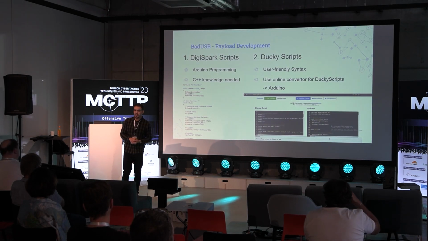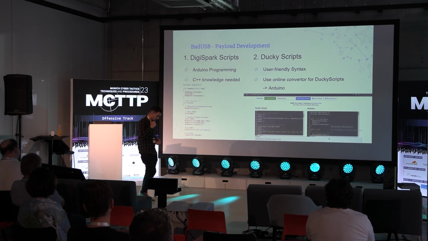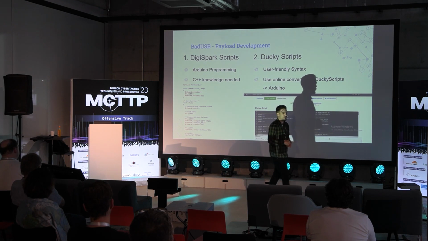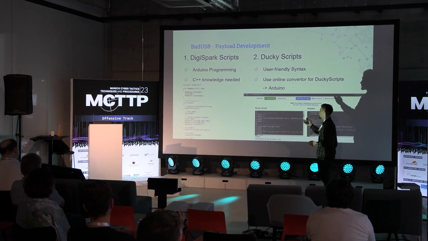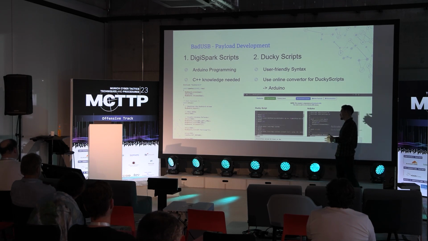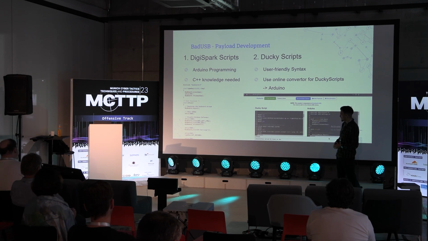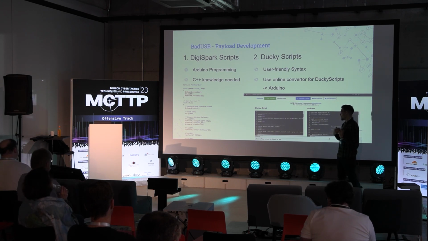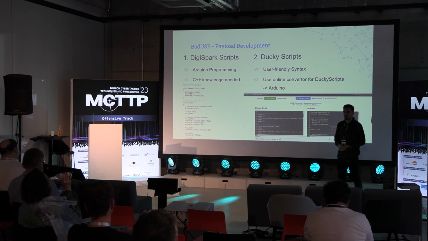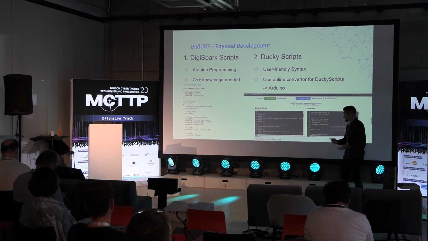And how can we program it? Basically, we have two options. Firstly, we could make it using C++, where you need to have more knowledge in this area. I'm not a C++ programmer, so I tried to find a simpler way.